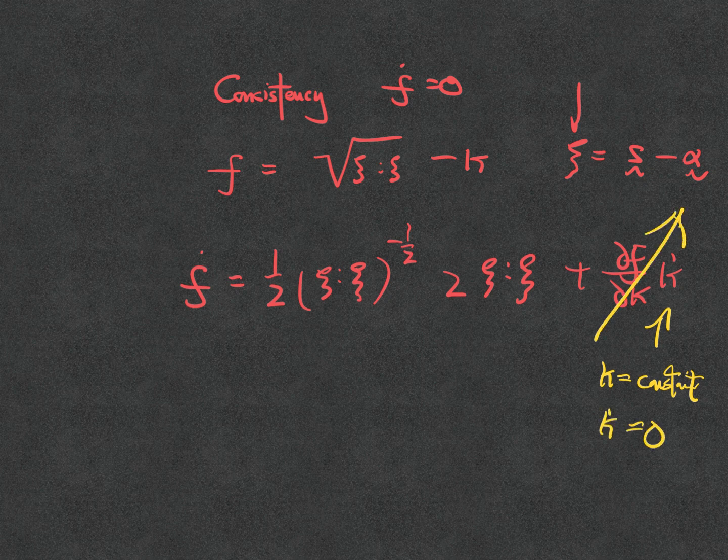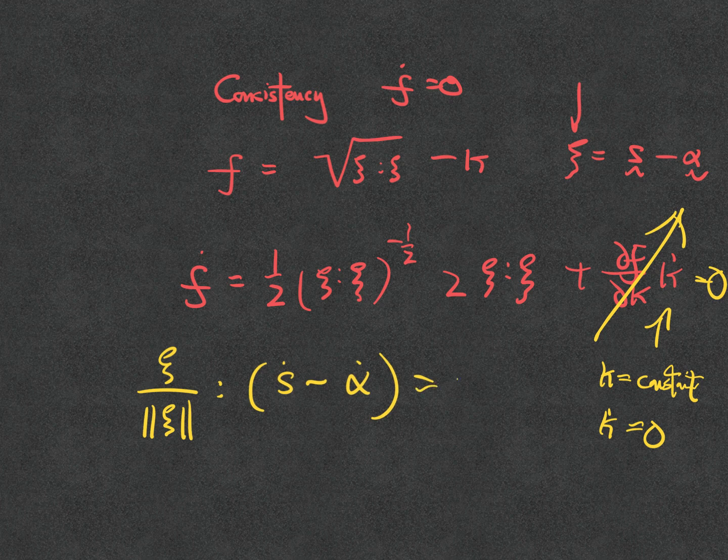So this thing cancels out. And what happens is that this would be the deviatoric direction times the S dot minus alpha dot is equal to 0. And interestingly, this one would be the new plastic flow direction if the plastic flow is associated.